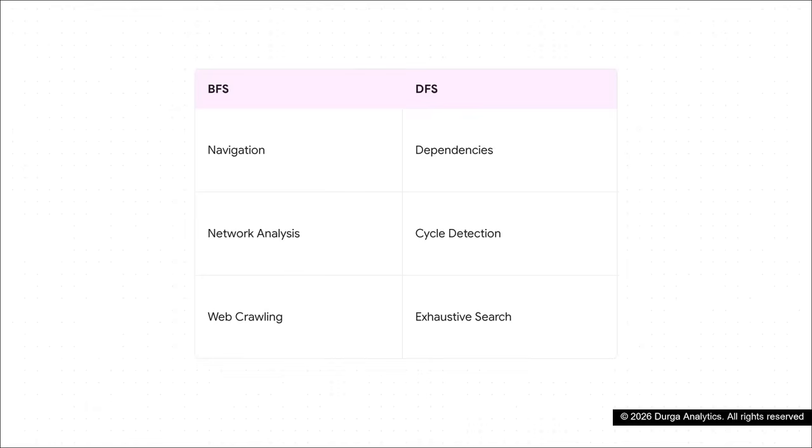BFS is the core engine powering features like GPS navigation, mapping connections on a social network backend, or even web crawlers that have to map out links level by level. Meanwhile, DFS, that is the absolute backbone of tools like dependency resolution in your package managers, making sure a deep dependency is built way before the module that actually relies on it. It's also the go-to for detecting cycles in those dependency trees.